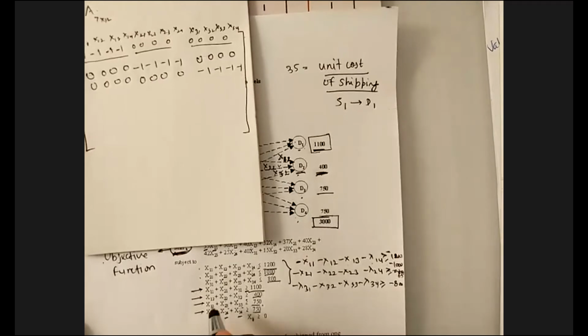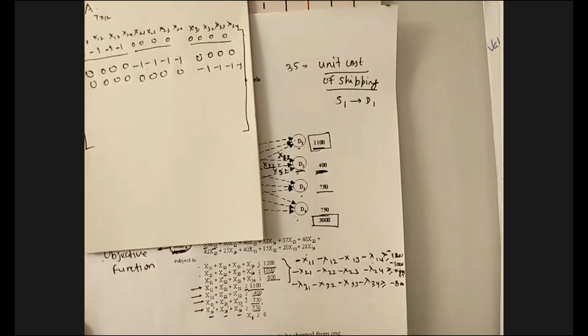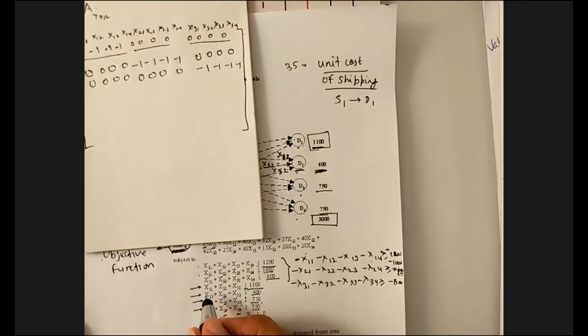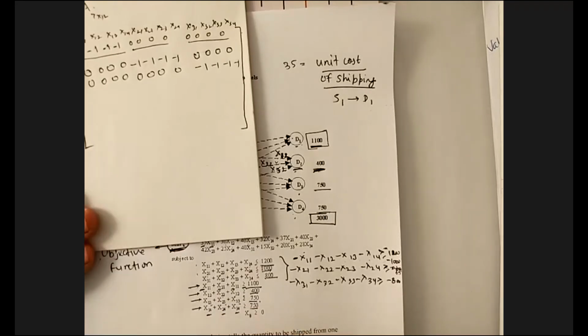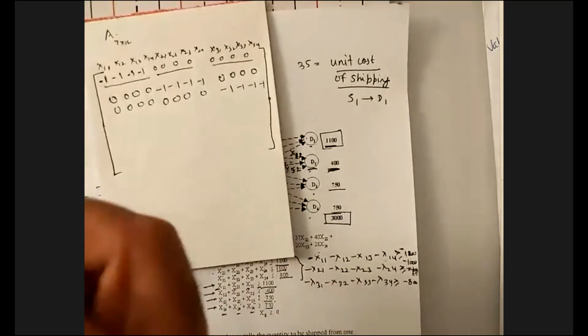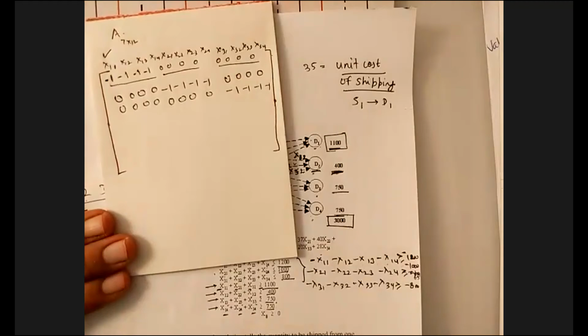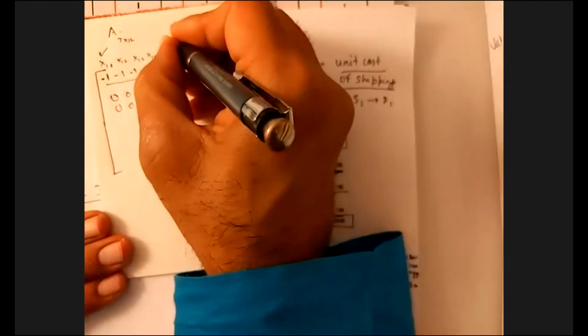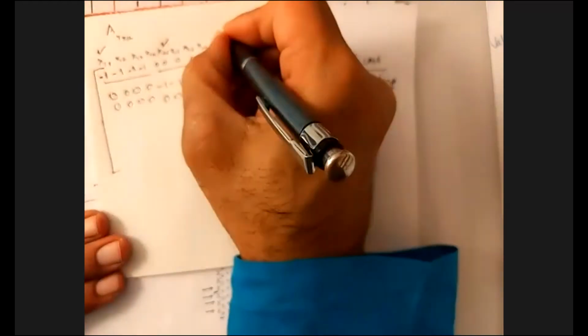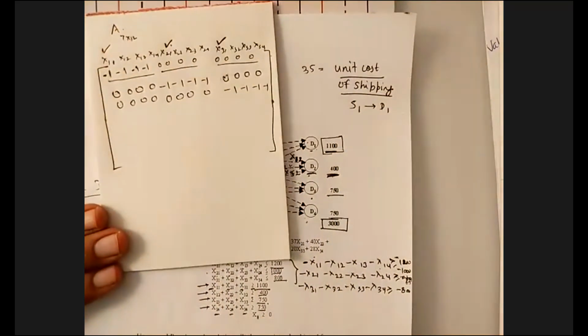Now, the second constraints are a little bit tricky because I have to put coefficients corresponding to x11, x21, and x31. So I need a coefficient corresponding to x11, then a coefficient corresponding to x21, which is right here, and then a coefficient corresponding to x31. And what is that coefficient?